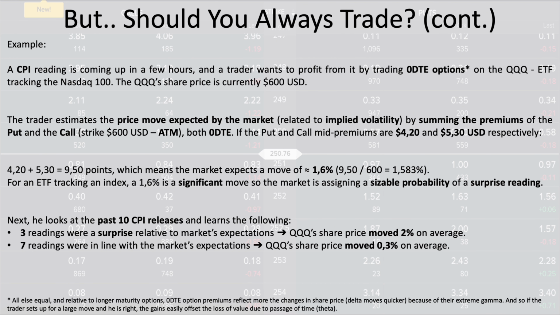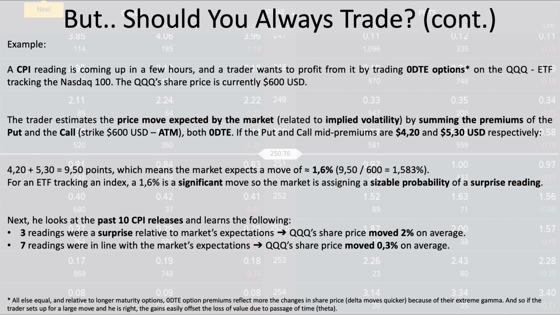Now, for this example, why am I using 0DTE options? You can read in the footnote below. Because option premiums reflect more of the changes in the share price, I want to maximize the profit by getting the size of the move right. Why? Because the delta moves quicker, so any change in the share price causes a bigger change in the option price, because the gamma is very, very high on 0DTE options.